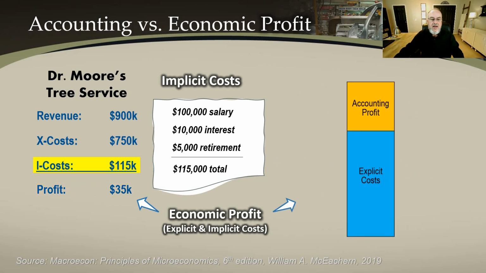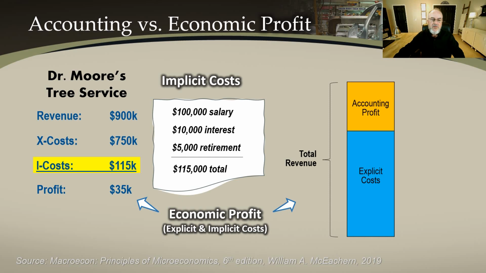So let's look at this in another way so you can see it graphically. For an accounting profit, I'm going to take that total revenue, the orange and the blue represents all the money that I brought in, and I'm going to take out my explicit cost, that's the blue, and what I'm left with at the top in the orange is the accounting profit.